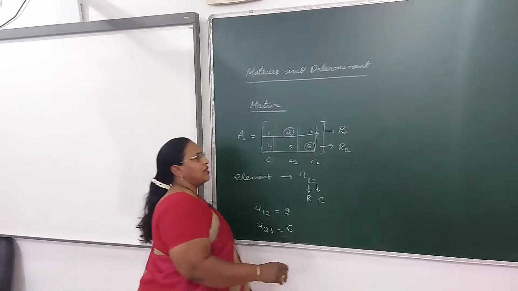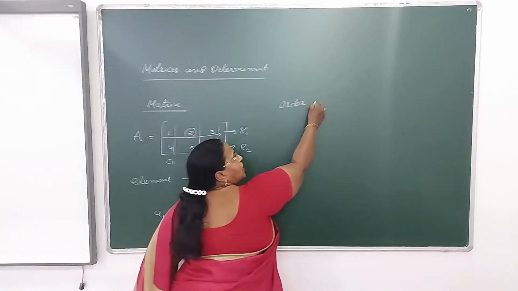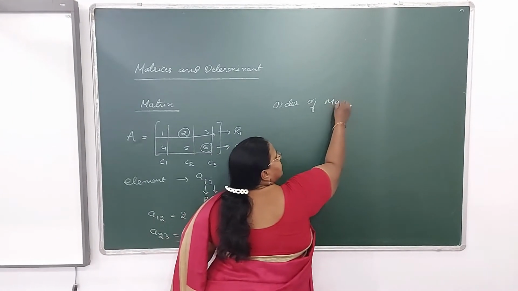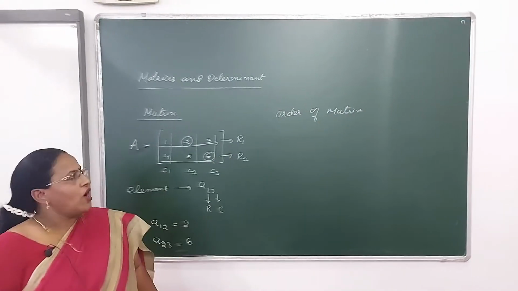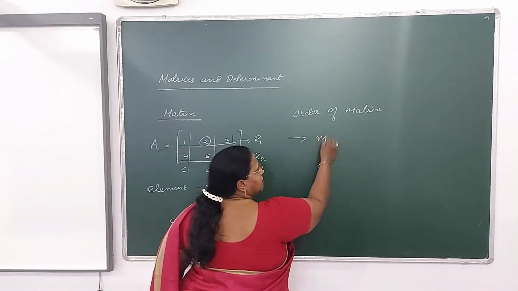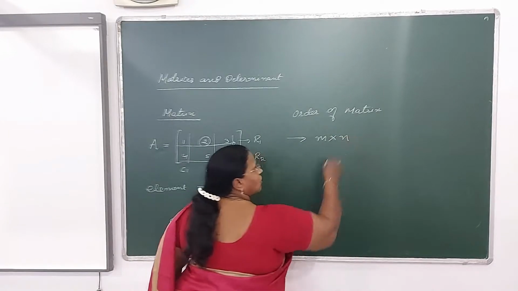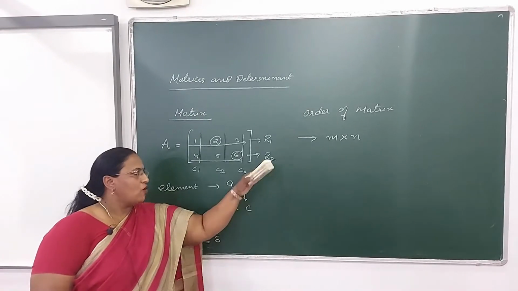Now the second important term here what you will be using is the order of the matrix. Now how order of a matrix is denoted? Order of the matrix is denoted by m cross n. Actually we write it as m cross n, but how to read it?